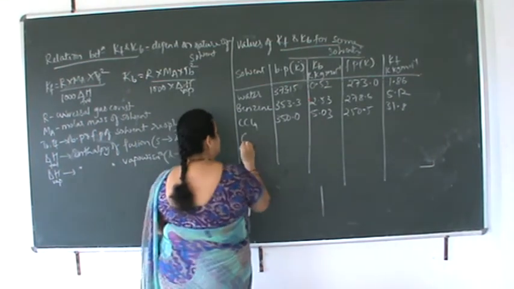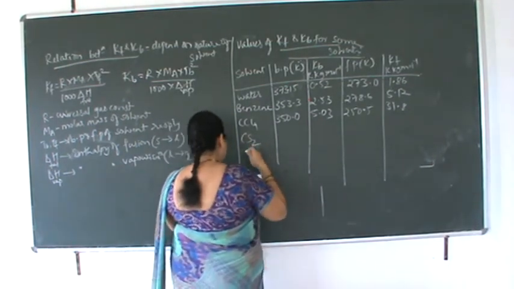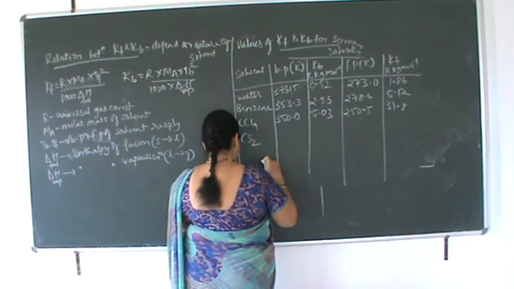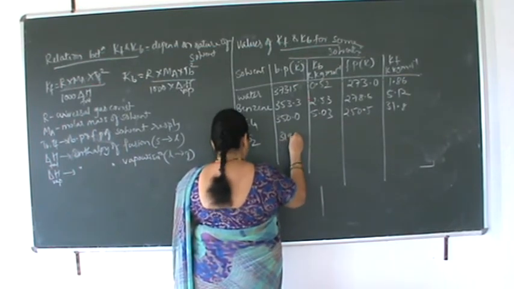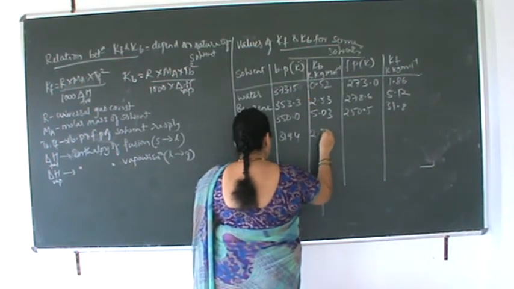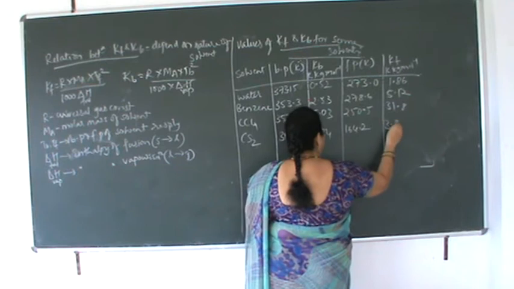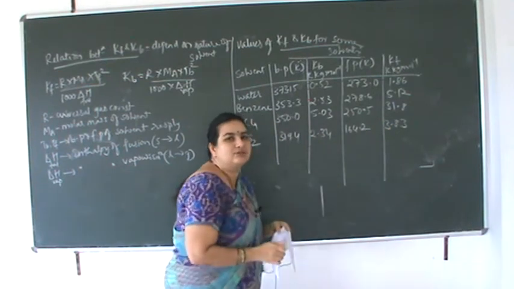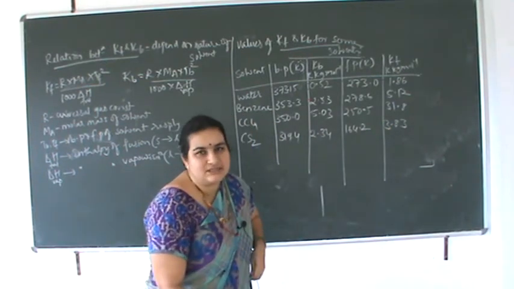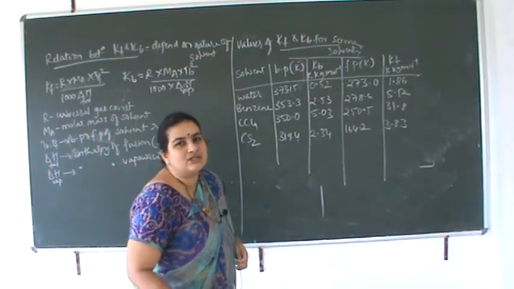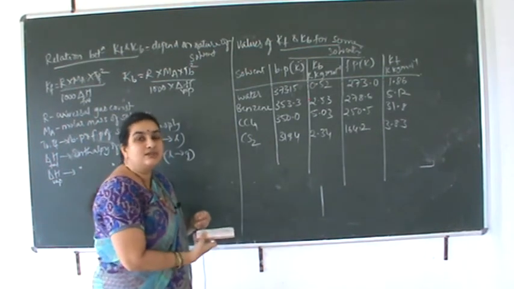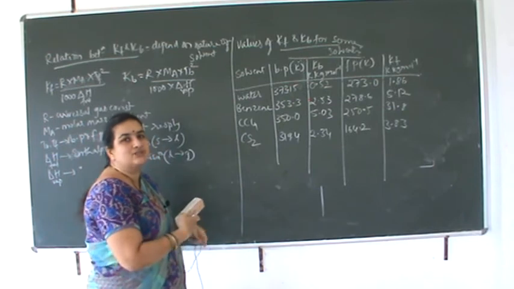Now CS2, and so many others are there. I will just write a few: 319.4, 2.34, then 164.2, 3.8. This is about the elevation in boiling point and depression in freezing point.